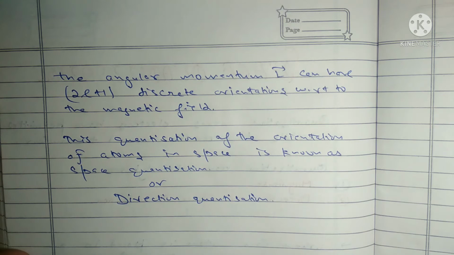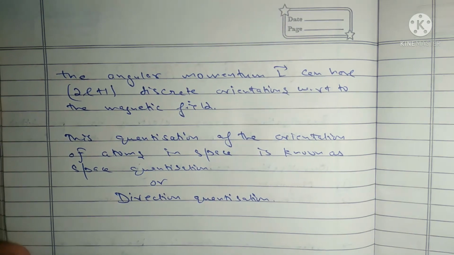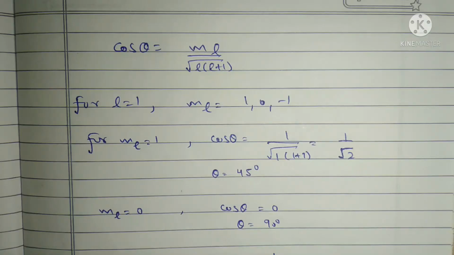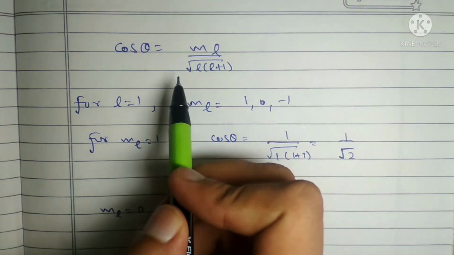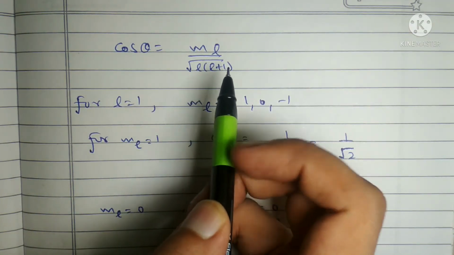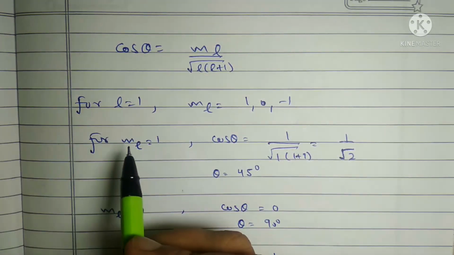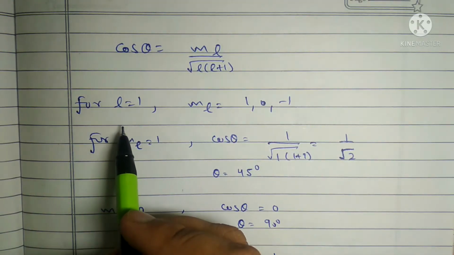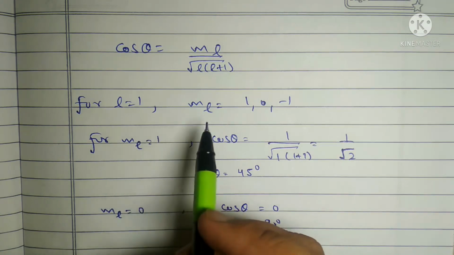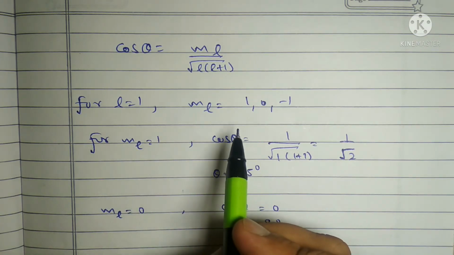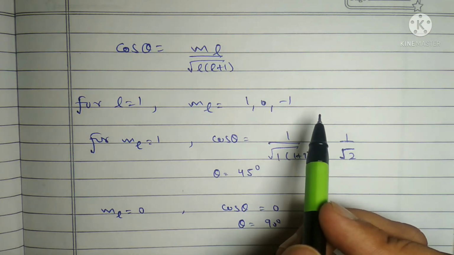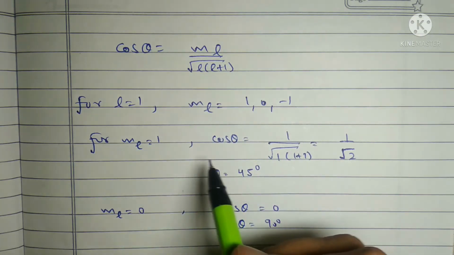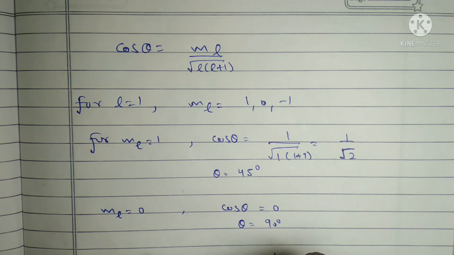Now let's take an example to clear the concept of space quantization. As we know, cos theta is equal to ml upon root l(l+1). In this example, we take l equal to 1. For l equal to 1, ml has values minus l to plus l, which means 1, 0 and minus 1. Now we find theta for ml equal to 1, 0 and minus 1.